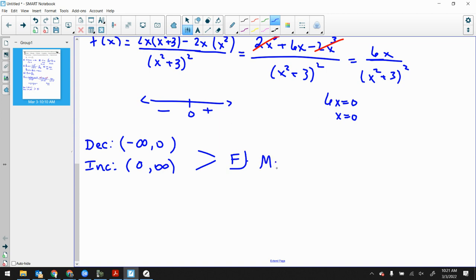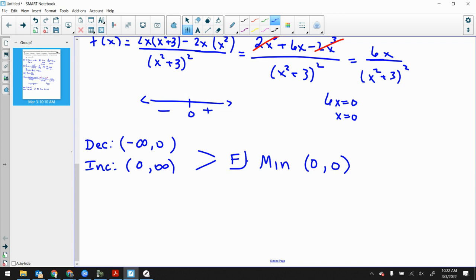We've got a minimum point at 0, and we know it's 0, 0, because that's our x and y intercept. So it's constantly decreasing, bottoming out at 0, and then constantly increasing. If we had to find that y value, you plug into the original. Say this had come out to be 1 instead of 0, we plug that 1 back into the original and find out where it would occur.